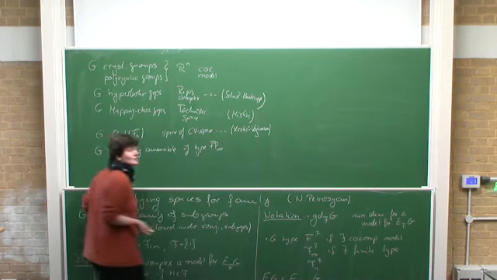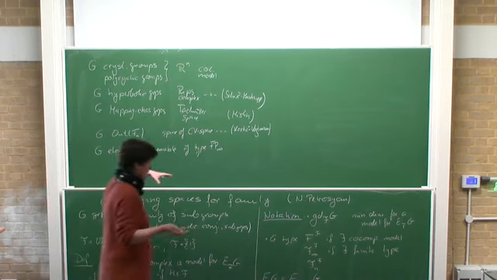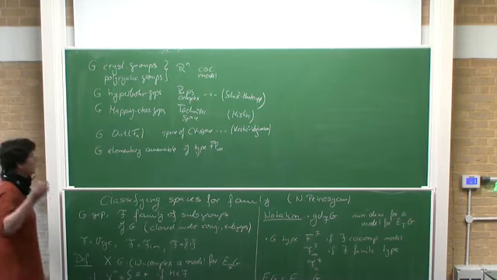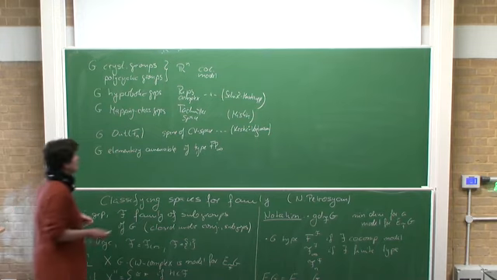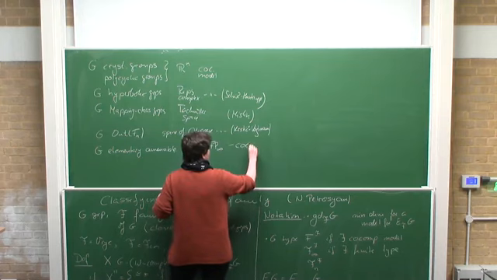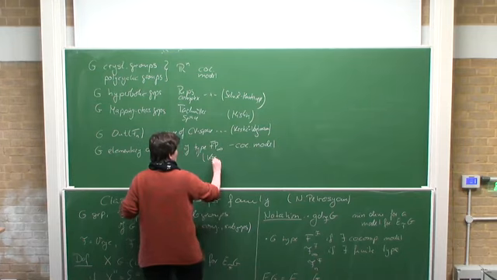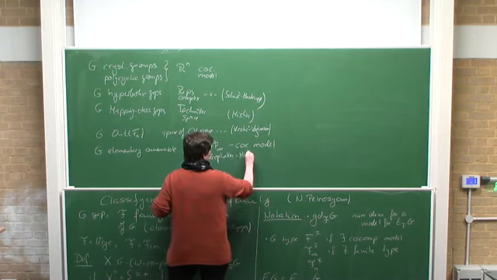So you take a group of type FP infinity, so that's the algebraic analog to F infinity, so you have a projective resolution with finitely generated projectives of the trivial ZG-module Z. And then they have a cocompact model. That's Martinez-Perez.